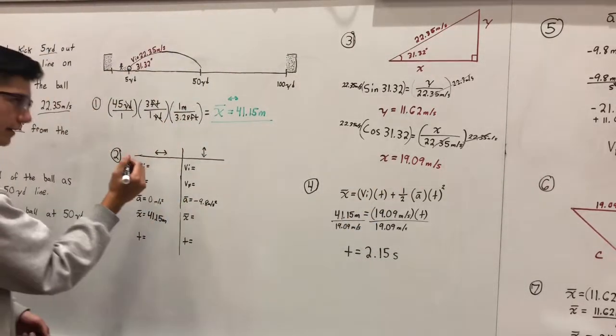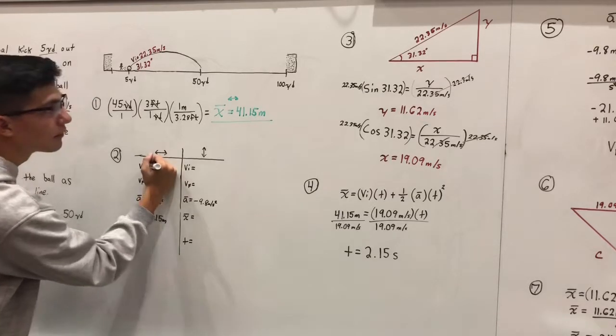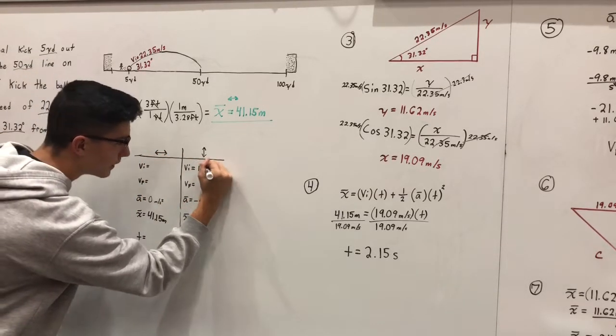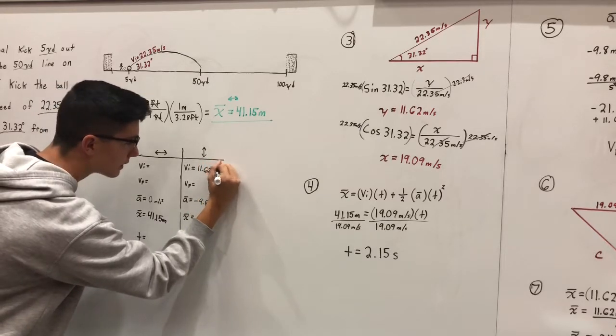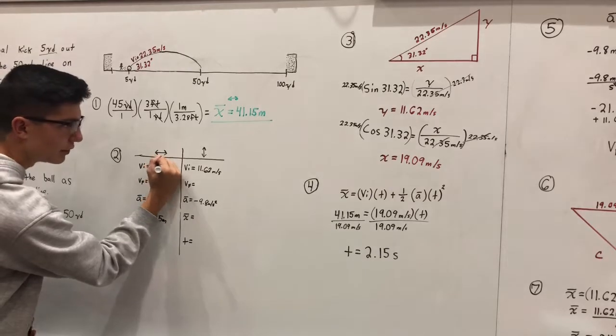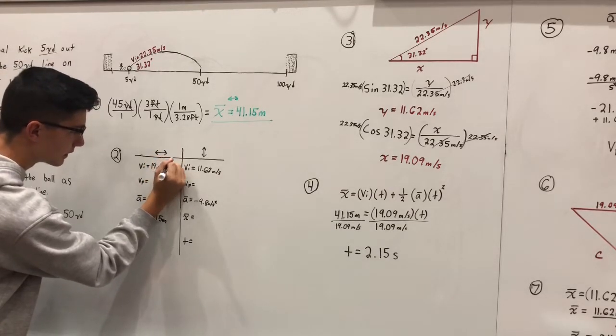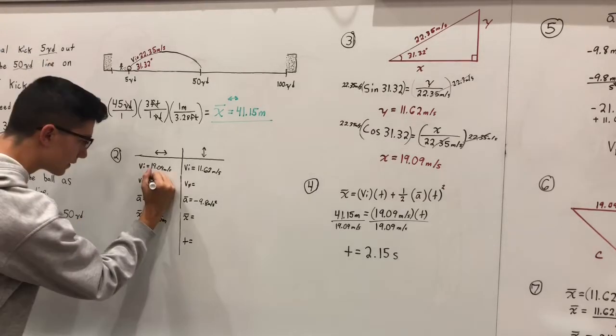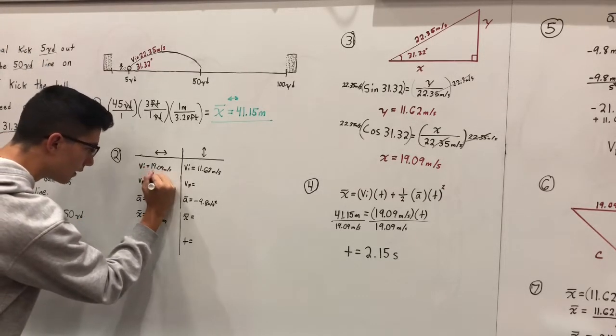So we could fill that in now. For my y, I got 11.62 meters a second, and for my horizontal, I got 19.09 meters a second. And these two would also be the same for the final, so I could just fill that in quick.